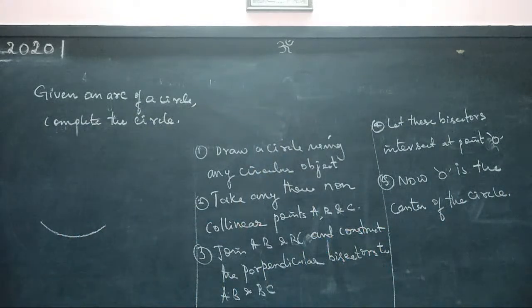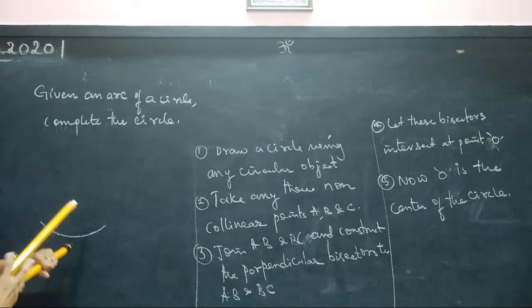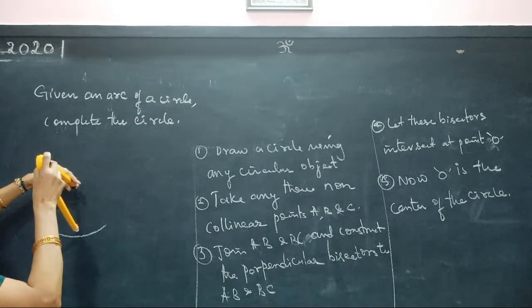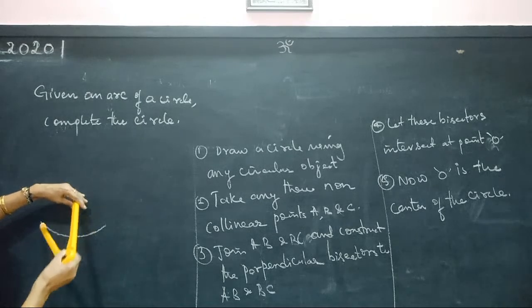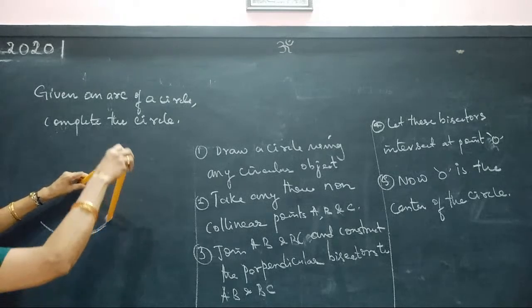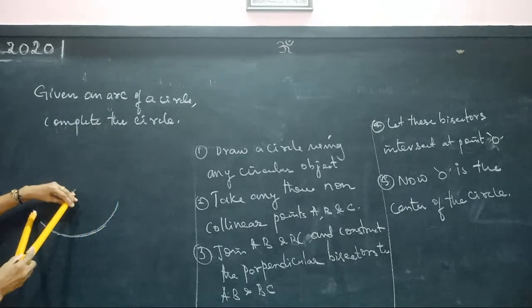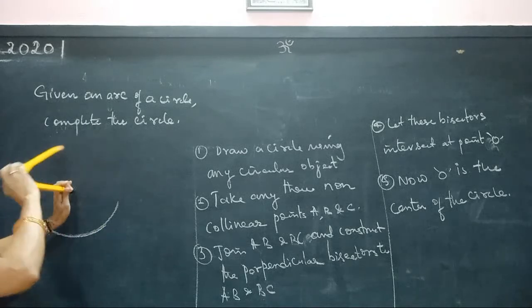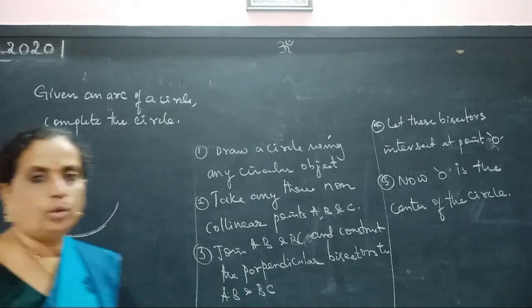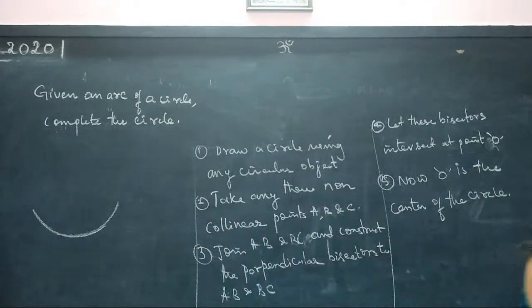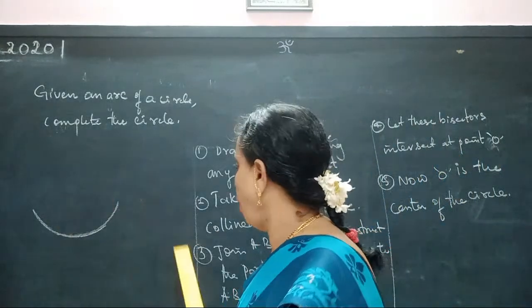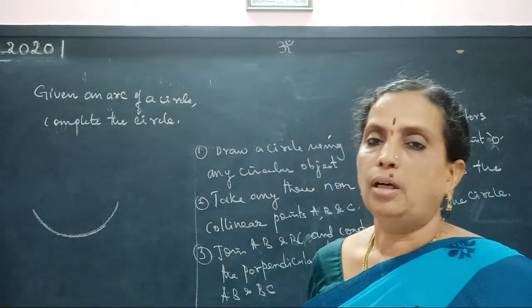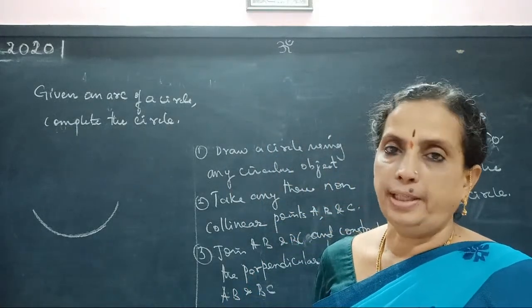It is an incomplete circle. They have given just the part of a circle. It is an arc. Now we have to complete the circle. To complete the circle, we have to locate its center, and just now we got the idea how to locate the center of the circle.